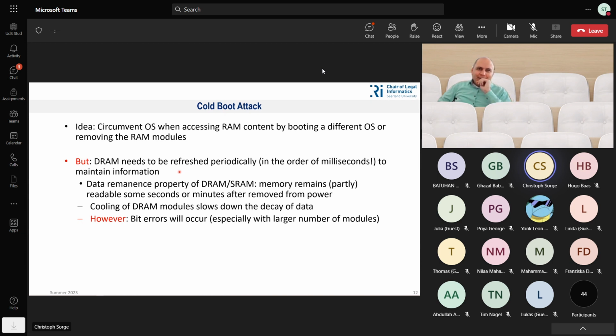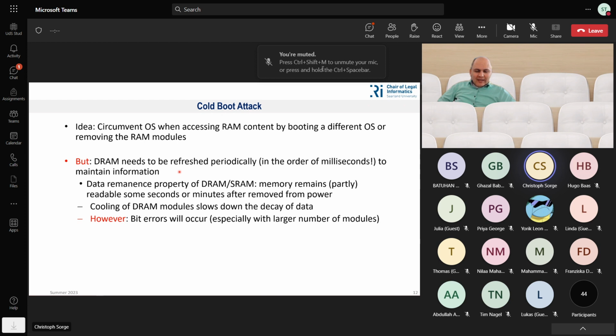However, there are different goals. Under normal circumstances, you want to make absolutely sure that not a single bit is lost from the main memory. So to achieve that, you need to refresh every couple of milliseconds.